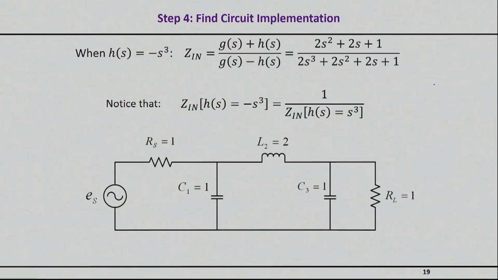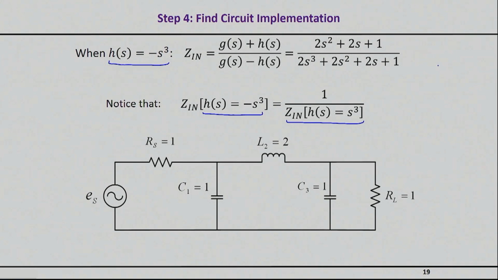So let's continue with step 4 here by looking at the second possibility. The second possibility is that we choose h of s to be negative s cubed. One can go through an identical process like we did before, or you can simply observe that the z input, when you choose h of s to be negative s cubed, is simply 1 over the z input of the previous scenario.